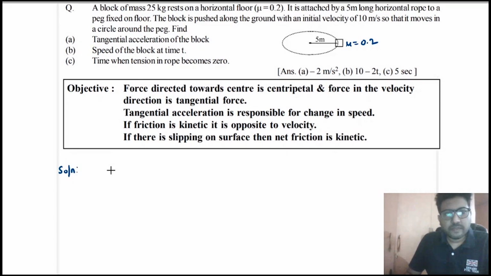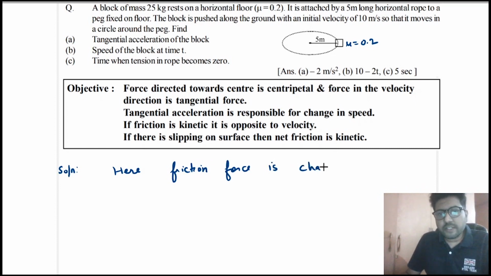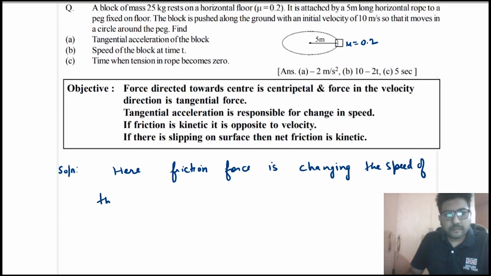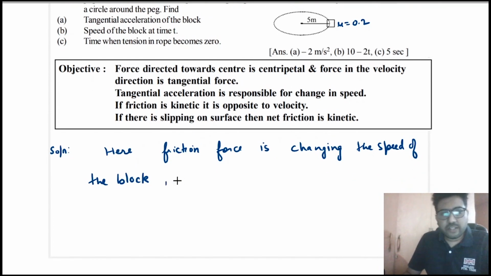Okay, so here the friction force is changing the speed of the block, that is it is providing the tangential force.